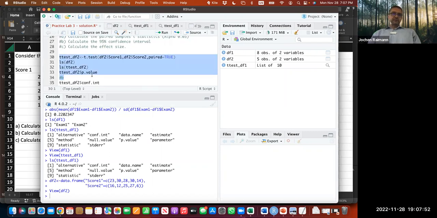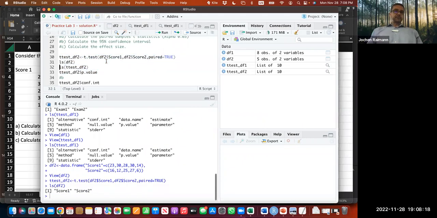We have a t-test for df2, which is the same formula. So we have df2 score 1, df2 score 2, over 2. The only information that R needs to run this as a paired test is paired equals true. And then it will do this analysis for you.